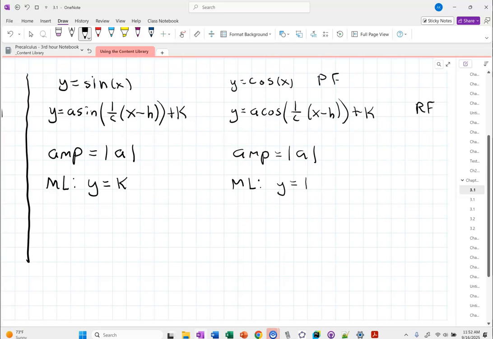ML stands for midline. The midline is y equals k. So again, I can get the midline just from looking at the equation, or if I'm given the picture of the graph, I can use the midline that I can see with my eyes to figure out the k coefficient for my formula. Is everybody okay with that idea? We'll do some examples in just a moment.